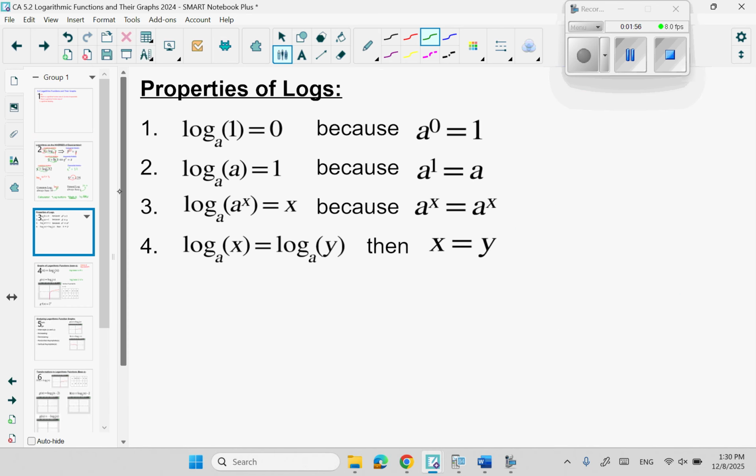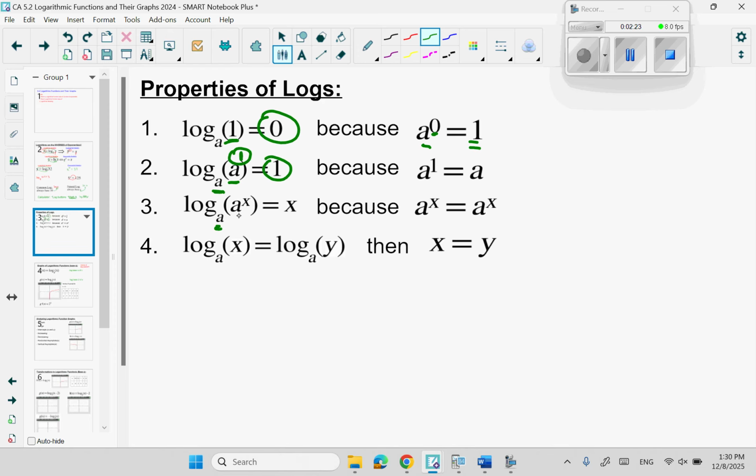Okay. Some common properties of logs that come up. Any log of 1 is always 0, because anything to the power of 0 equals 1 when I spiral it. Whenever these numbers match, they effectively cancel, and whatever the exponent is, that is whatever this thing equals.